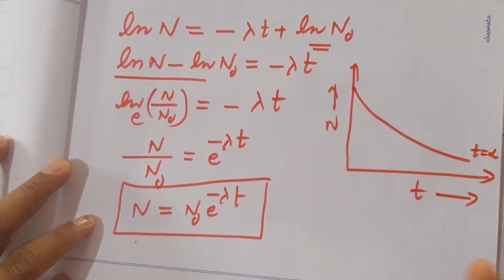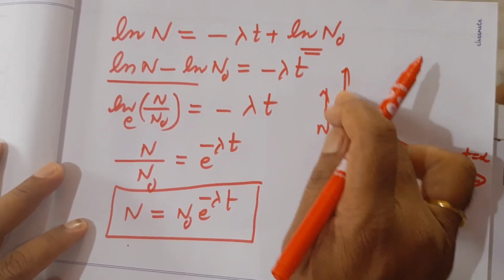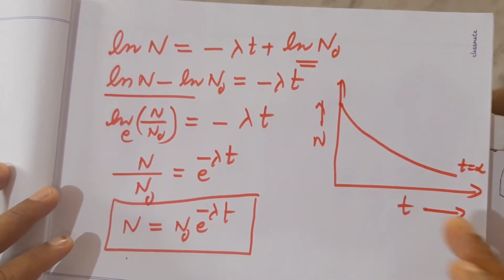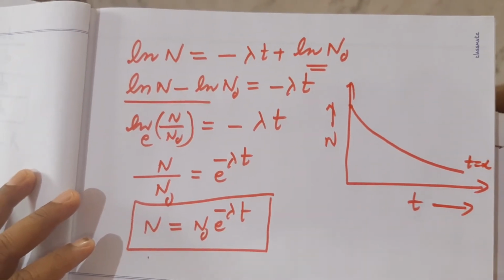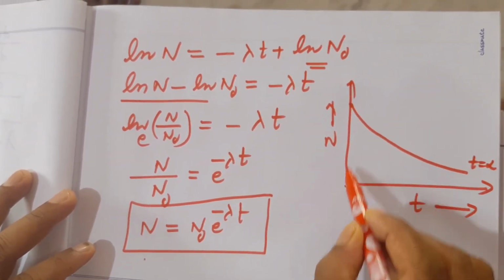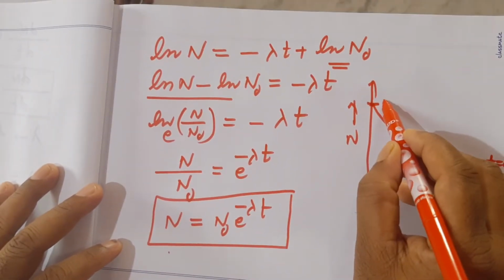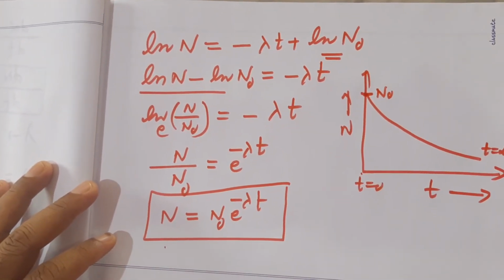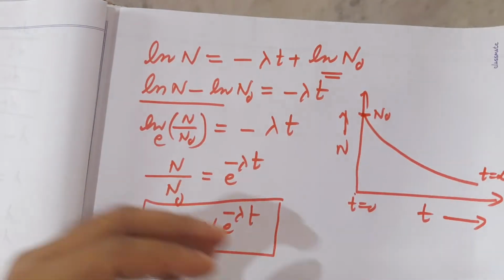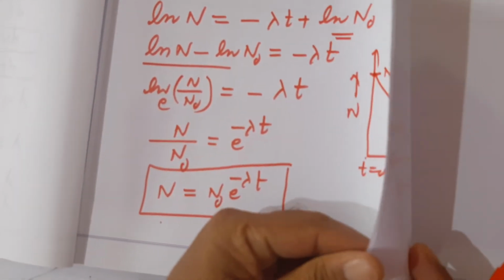This point corresponds to t equal to 0, the number of atoms N0. This is the law of decay, or the law of disintegration of a radioactive substance.